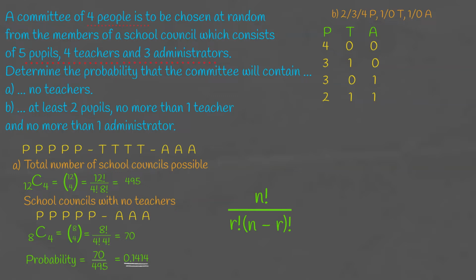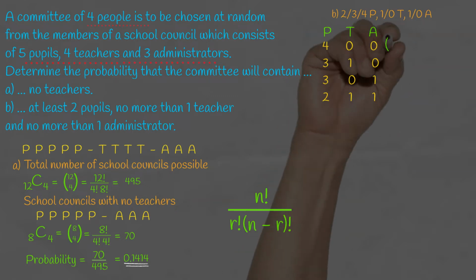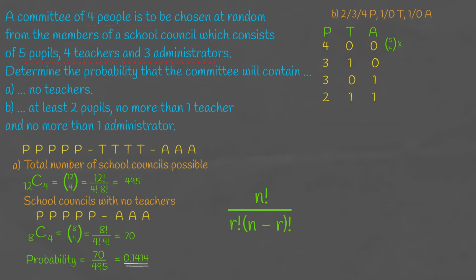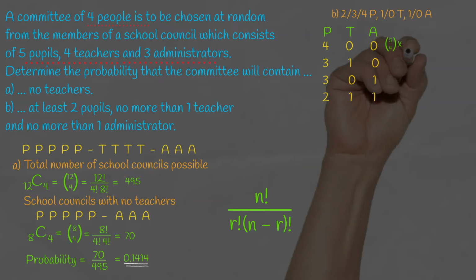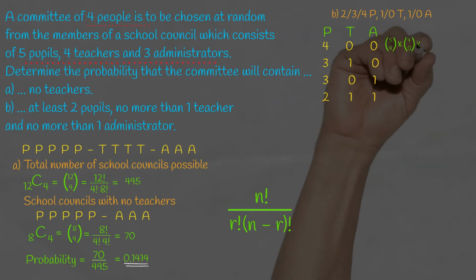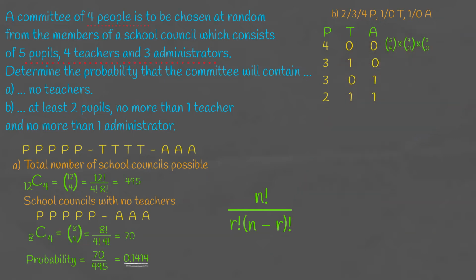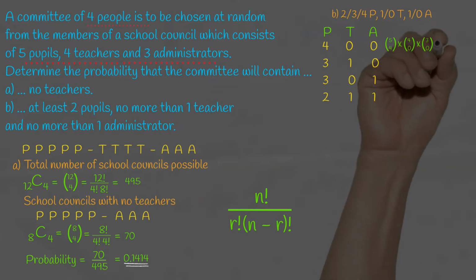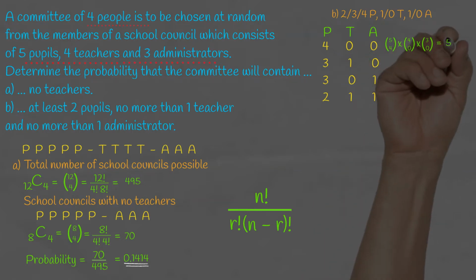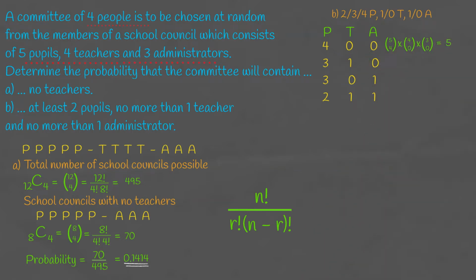Taking the top row, we have 4 pupils, but we have 5 to choose from. So we have 5 choose 4, and then we choose no teachers from 4 and no administrators from 3. So if you work this out correctly using the combinations formula and remembering that 0 factorial equals 1, you get 5.